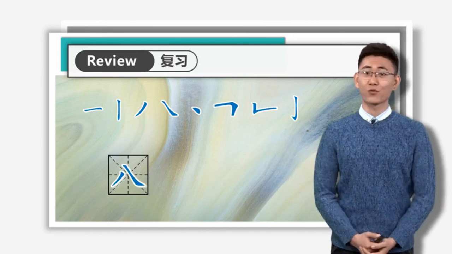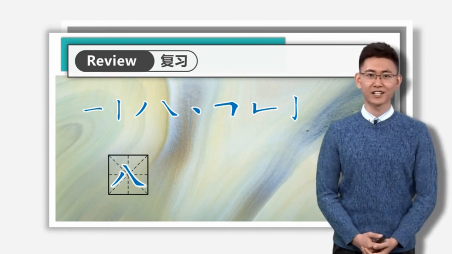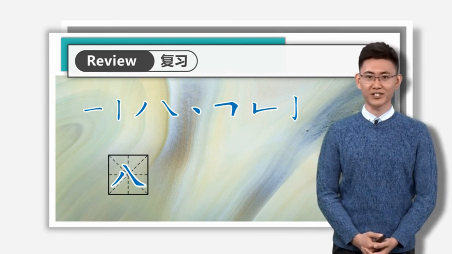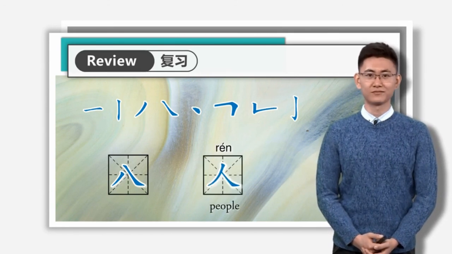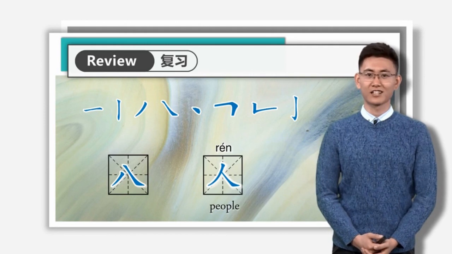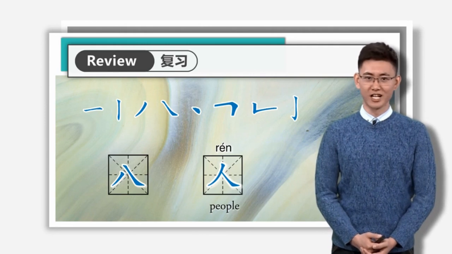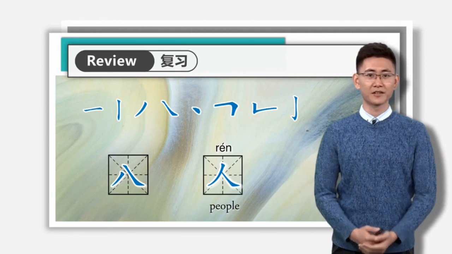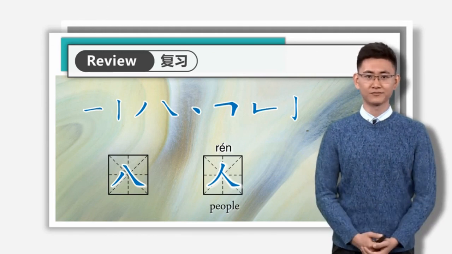And if we move the two strokes closer to each other, we can get a new Chinese character, 人. It is shaped like a standing person. 跟我读，人，人。And can you write it down with me?